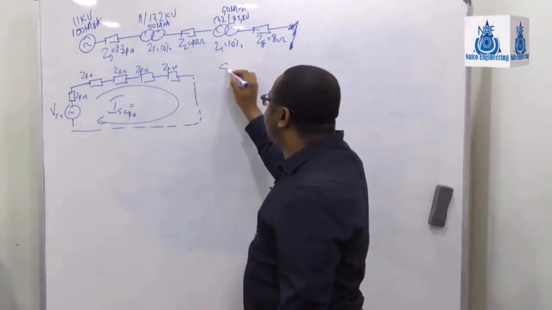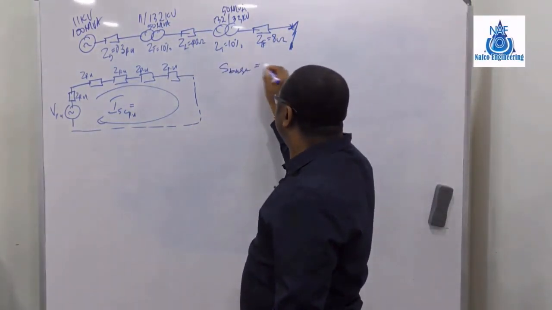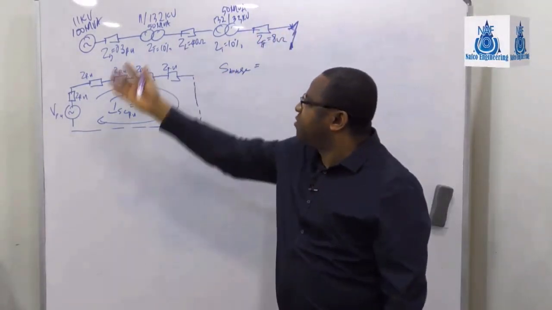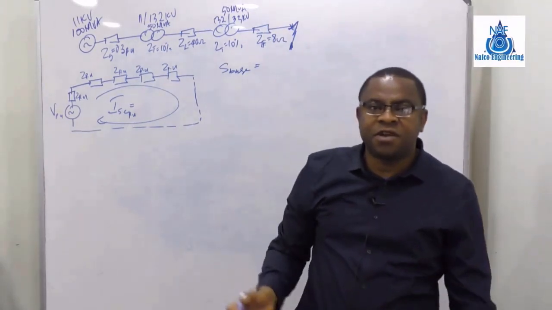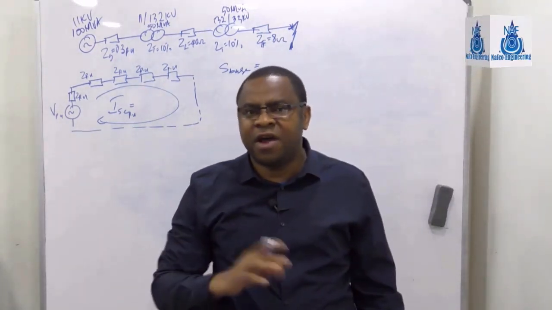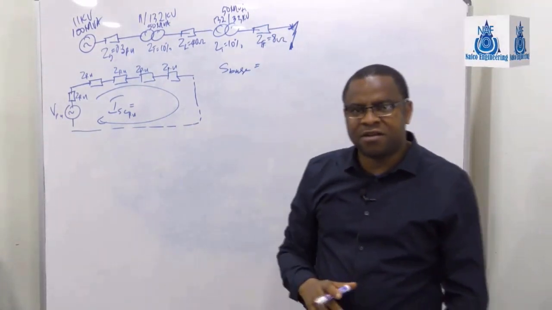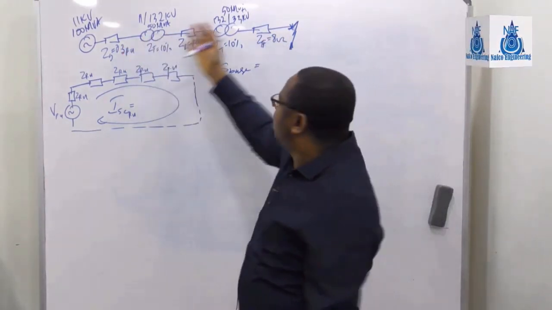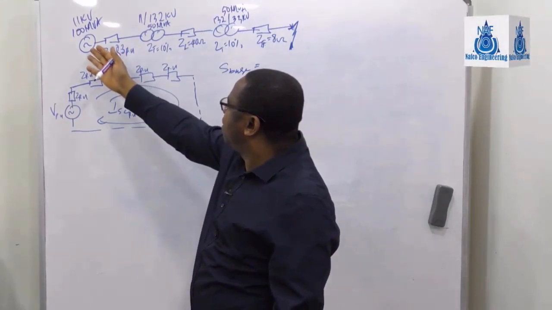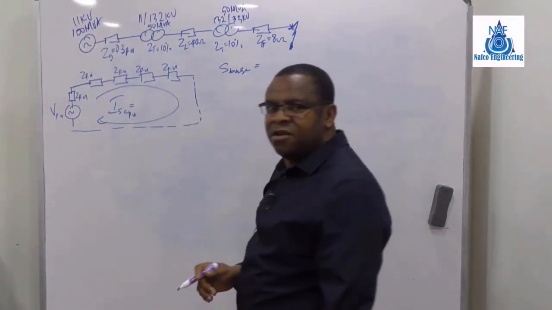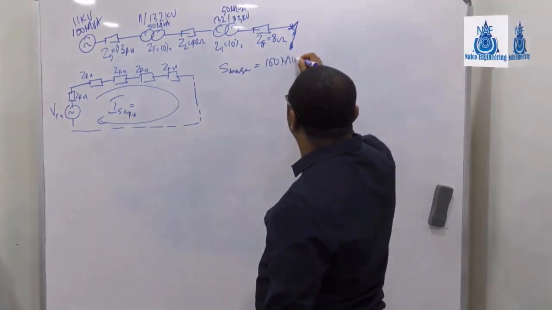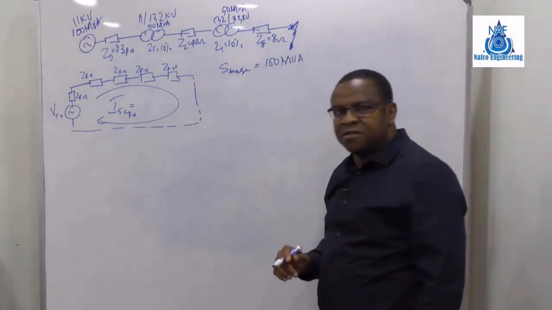Let's just get any base, S base. Remember, you can choose anything. Even if it's not here, you can choose 200, 150, 100, any value. You still get the same answer. But for simplicity, we'll just get one. Maybe let's get an S base of 100. Let's say 100 MVA as our S base.